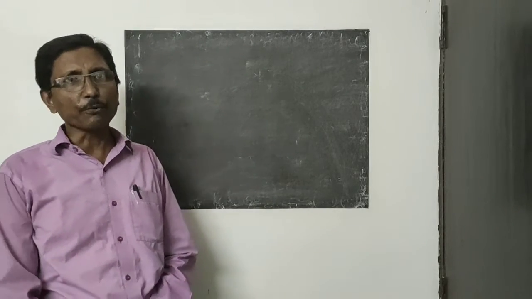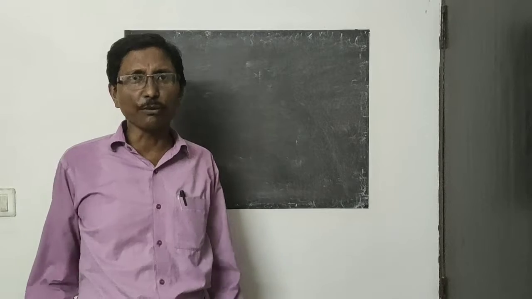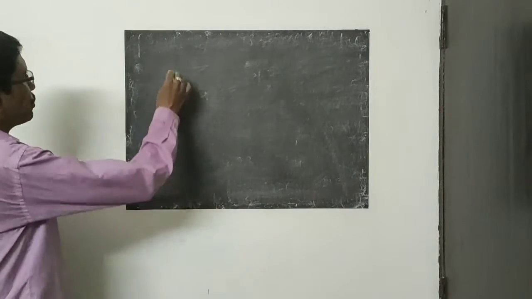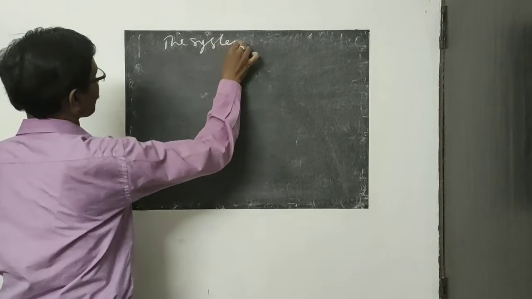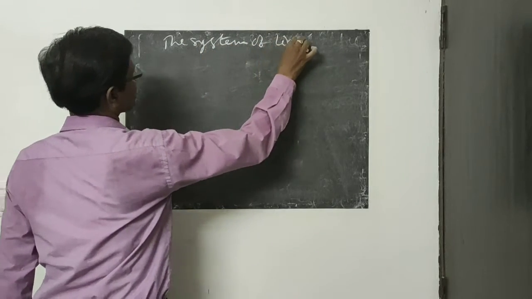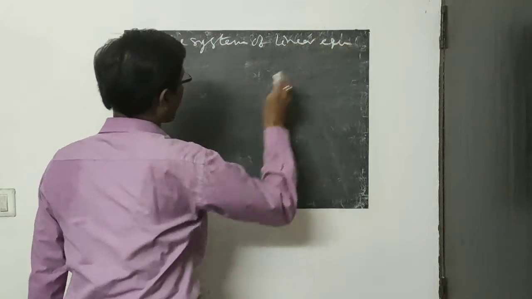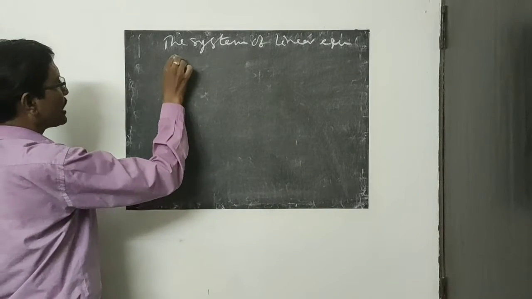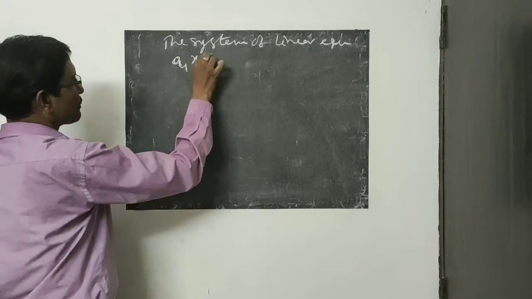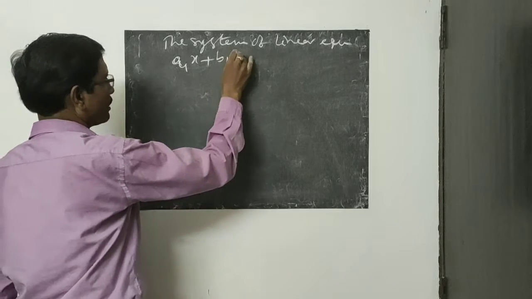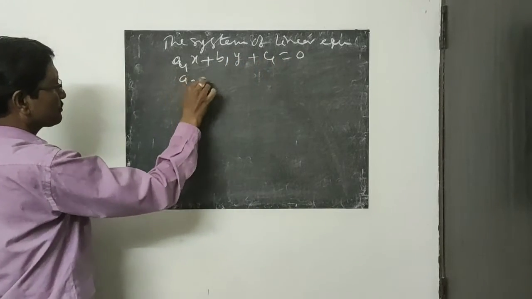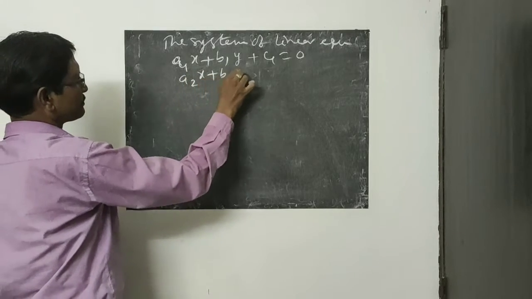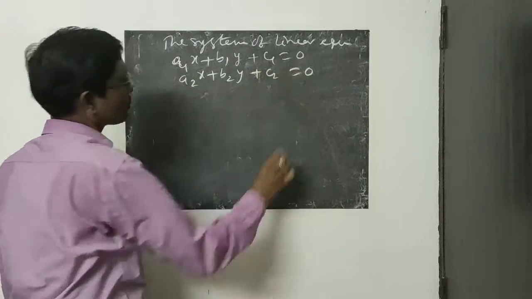Suppose we have the standard form of the system of linear equations: a1x plus b1y plus c1 equal to 0, and a2x plus b2y plus c2 equal to 0.